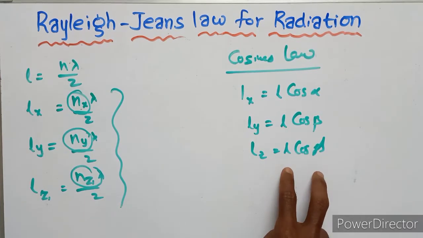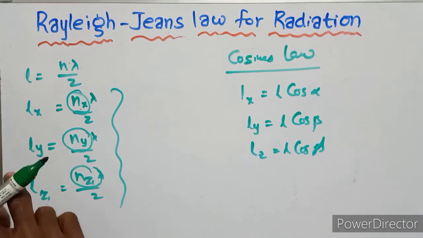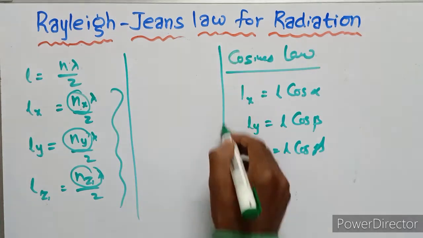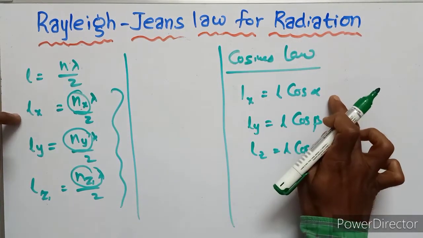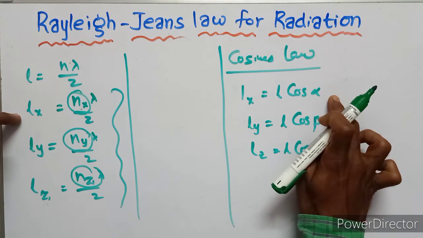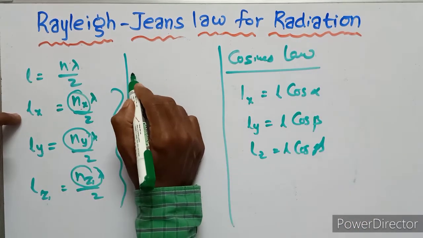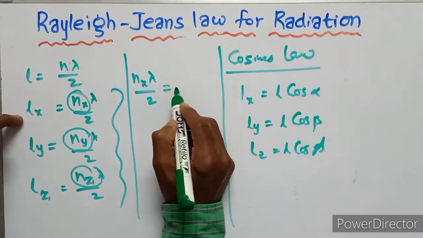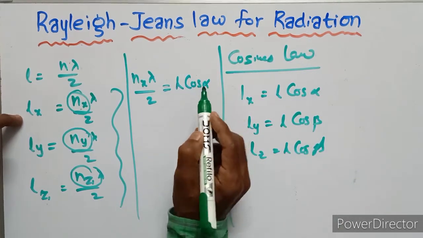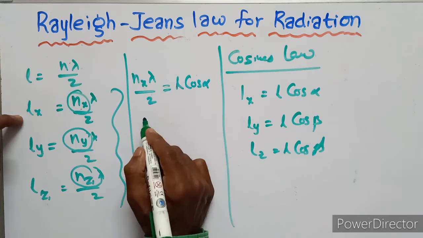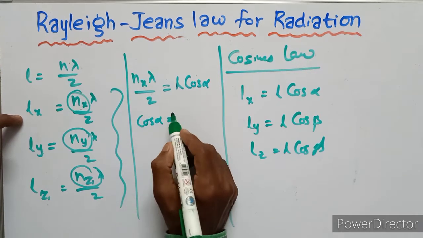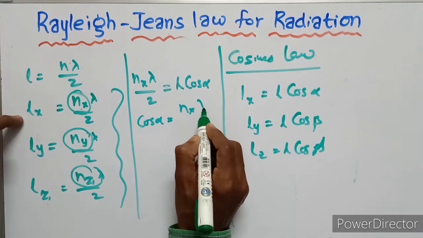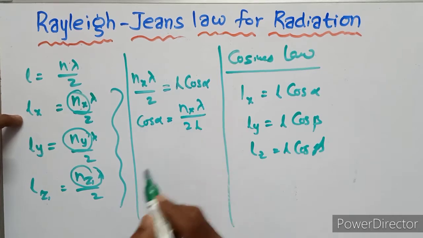So from these equations, nx lambda upon 2 equals Lx, which is L cos alpha. This equation can be written as cos alpha equals nx lambda upon 2L.